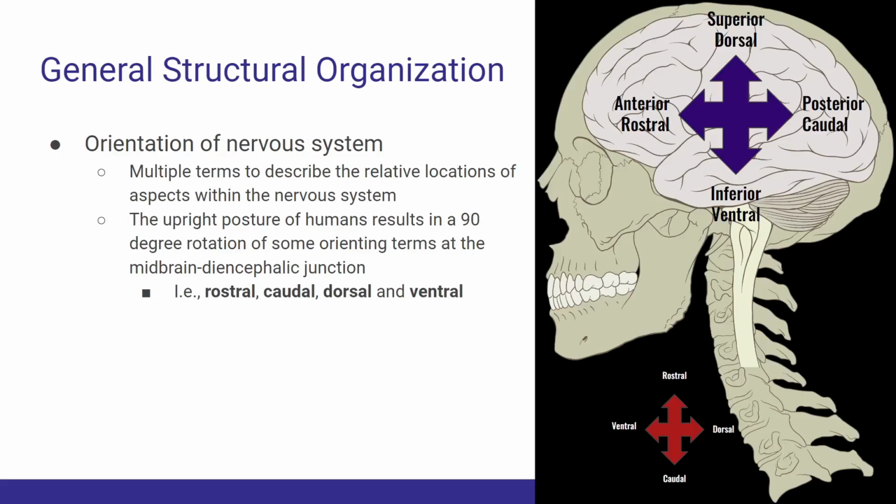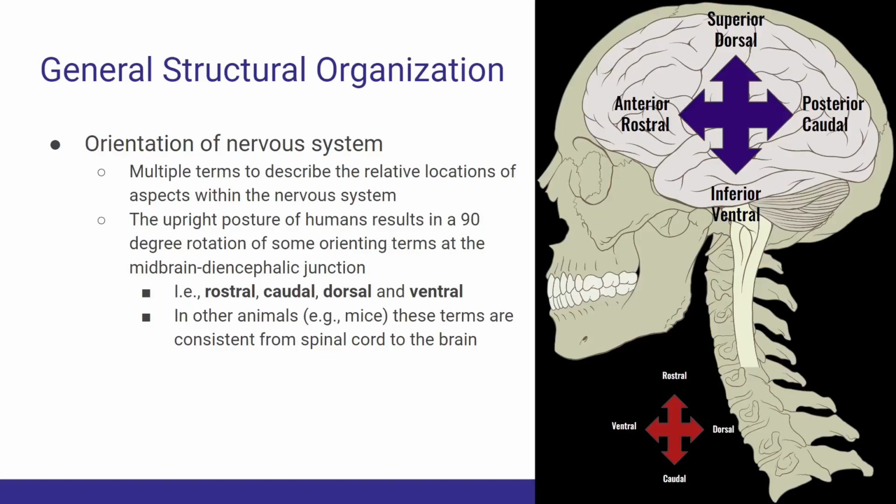So some of the key terms are things like rostral, which means head, caudal, which means tail, dorsal, which means up, and ventral, which means down. So if you look at the graphic to the right, you can see where those are in the human brain and how those rotate when we're talking about the orientation of things in the spinal cord.